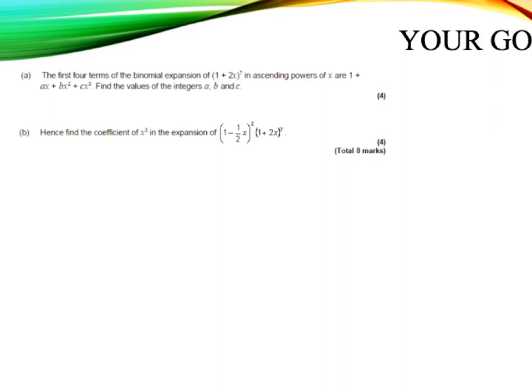Okay, let's see how we've got on there. So I'm going to start expanding out. It says we want the first 4 terms, and noticing that it's the power of 7.